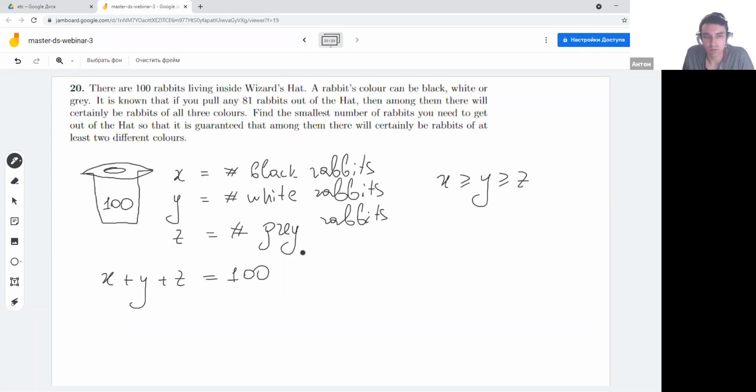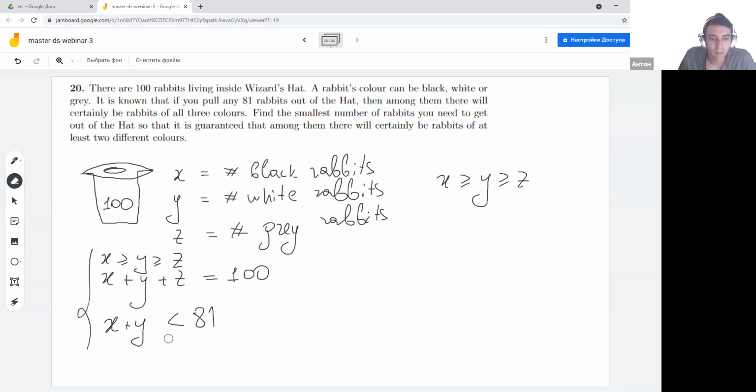So with this assumption, all we need is that X plus Y is less than 81, because X plus Y is the maximal possible sum of a pair. Since the rabbits are counted in natural numbers, we write it like this. So this is the information we're given.